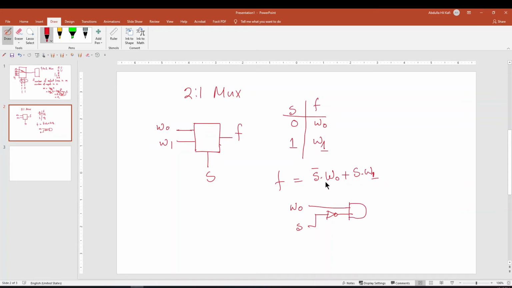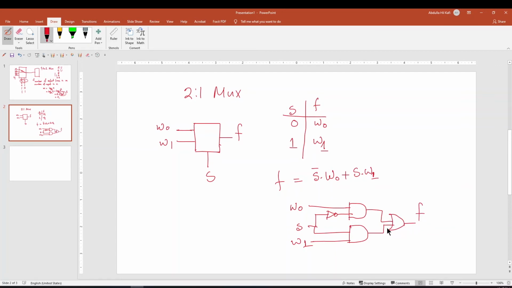And the next one is W1 and S. So there will be another AND gate, and here we will have W1, and these two are ORed. So this is our F.